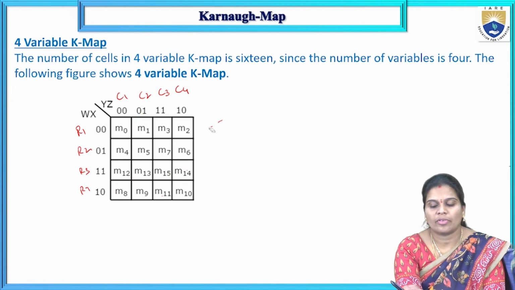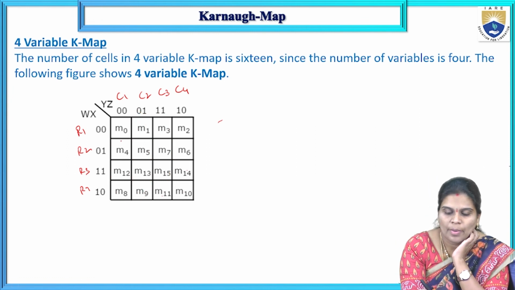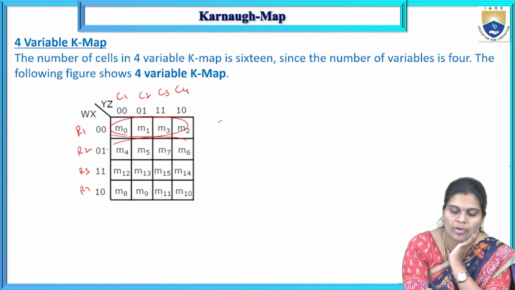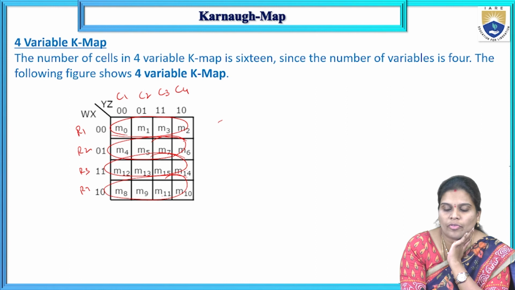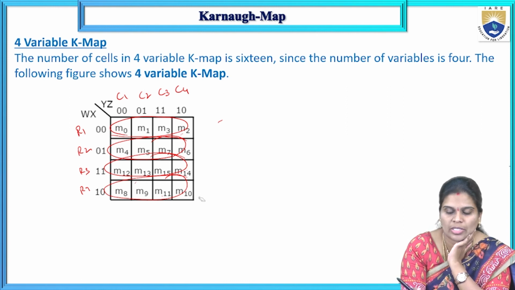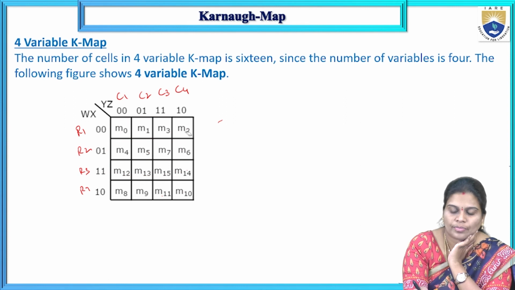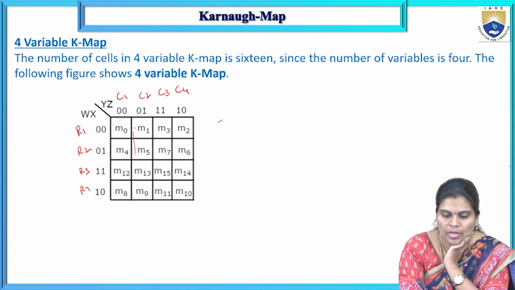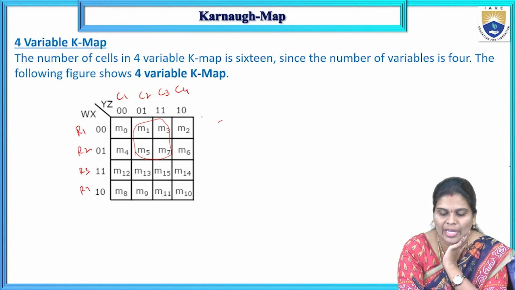If you are observing these 4 ones, each and every row R1, R2, R3 and R4, we can form one group. Next similarly C1, C2, C3, C4 is another group. So M1, M5, M3, M7, M0, M1, M4, M5 like this.